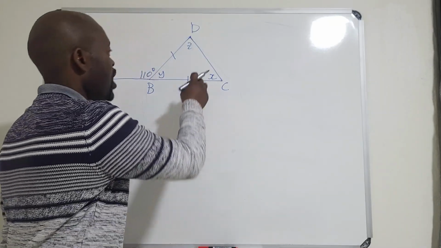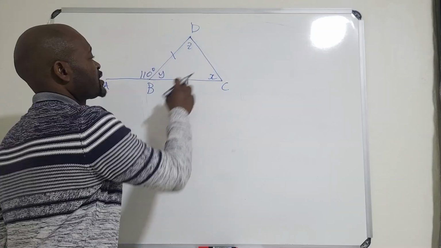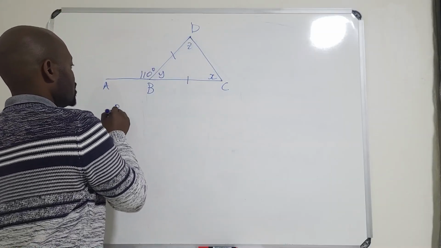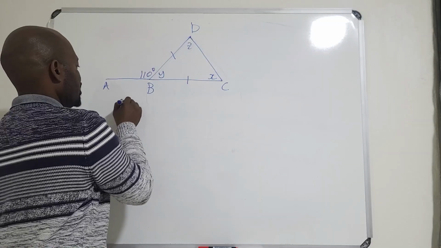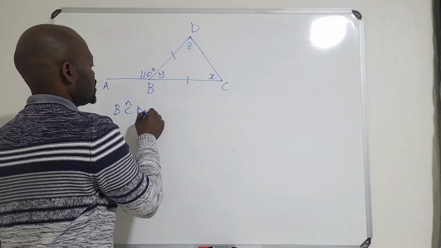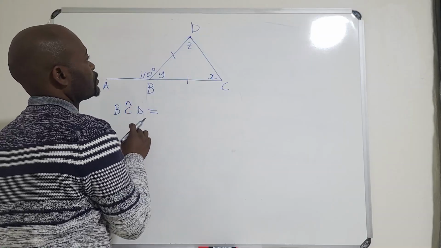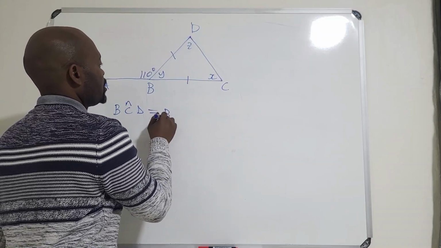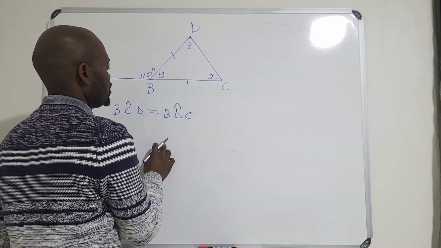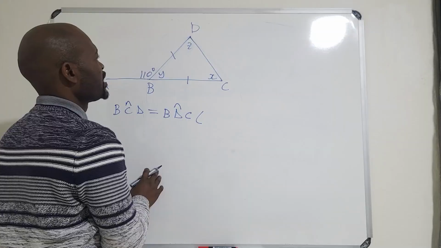For us to find the value of x, we're going to first say angle BCD is equal to angle BDC. Why are we saying that?